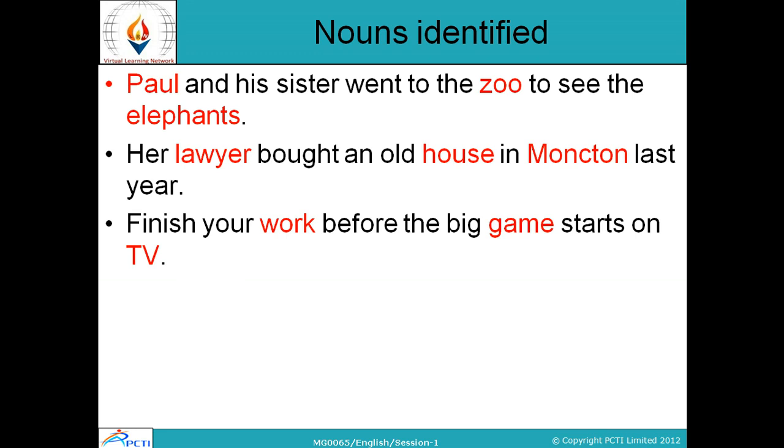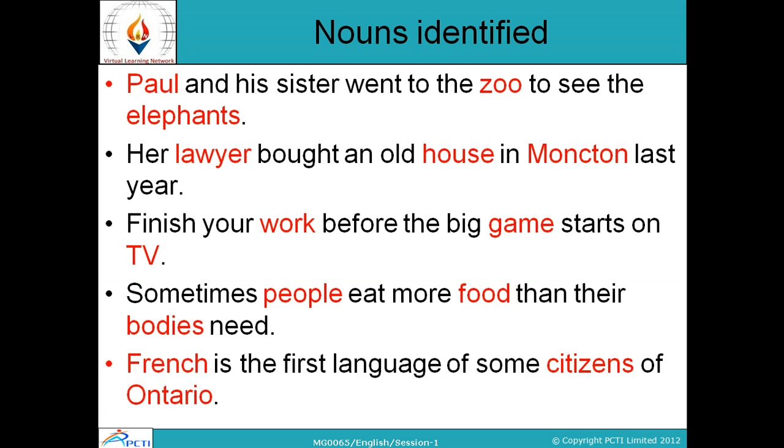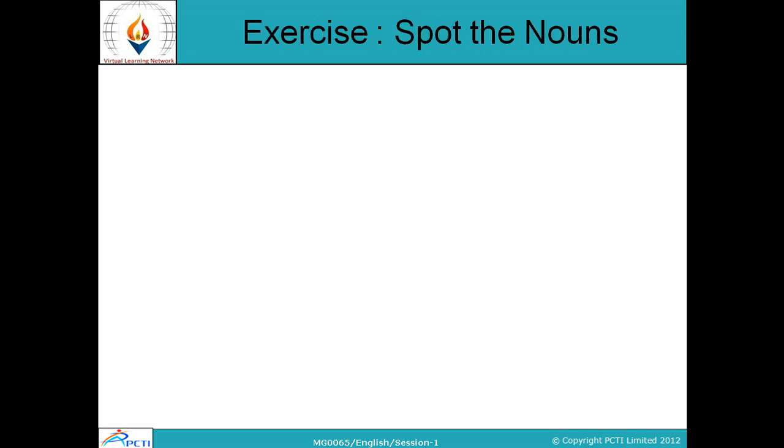Work, that is here, it is not work as a verb but work as a noun, so that is why it is a noun. Game is again a thing, and TV is also another object. So sometimes people, again people names people, food and bodies, and French, citizens, Ontario.